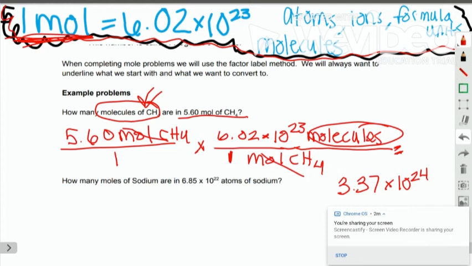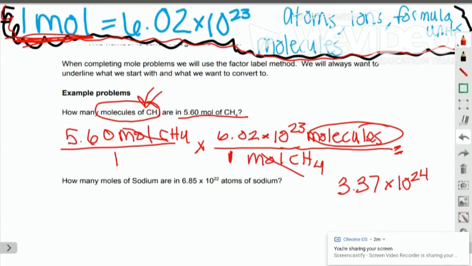And that is not our final answer because that is just a number. Numbers always will have units with them. So our units will be molecules, and those units are not finished.